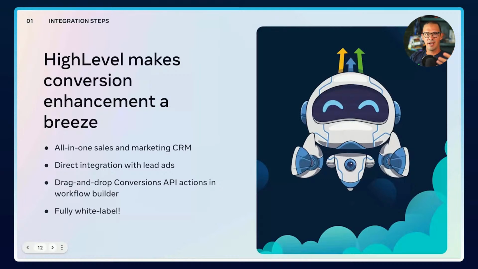Then their AI and their algorithms have an easier time going and finding more folks that match those same indicators and factors. And that's what creates that flywheel of ever improving lead quality and reduction in cost, because you're getting better leads the more data that you send back.